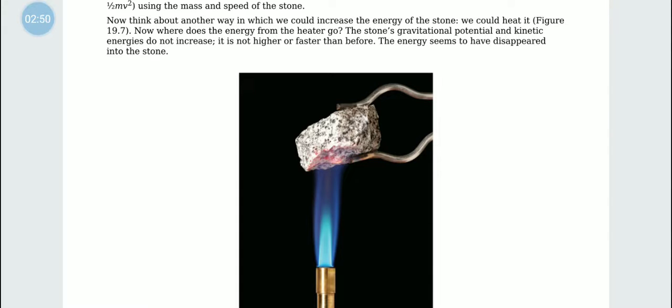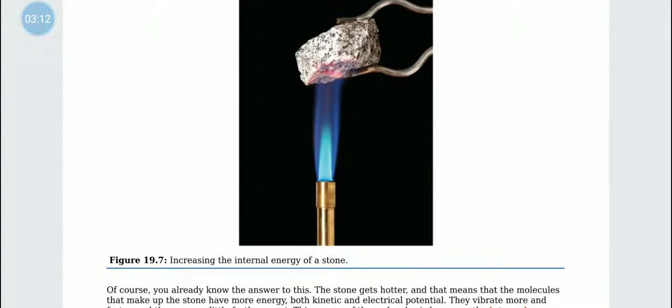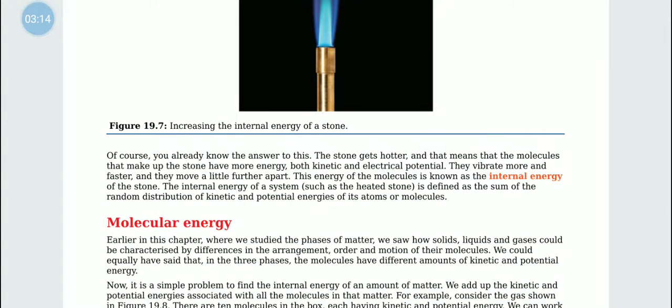Because now we are holding this stone here. So as a result, the gravitational potential and kinetic energy of the stone itself does not increase, right? Because the stone is going to remain in the same position, right? So what happens to the energy that we provide, right?